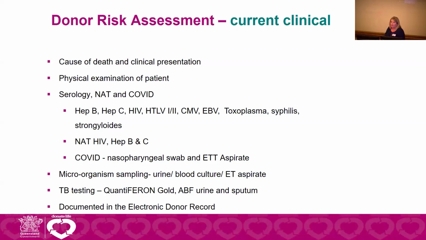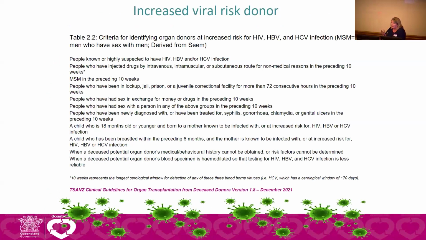We go on, if we identify donors to be at risk of tuberculosis, to do some TB testing. All that information, like I said, goes into our electronic donor record for transmission to our surgeons and physicians of the transplant groups.